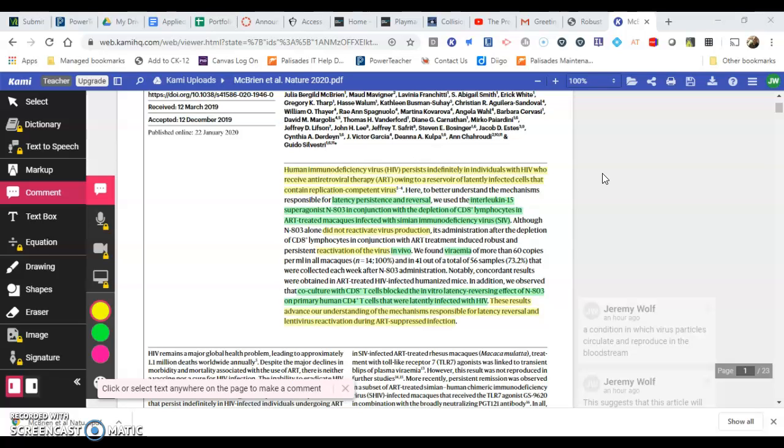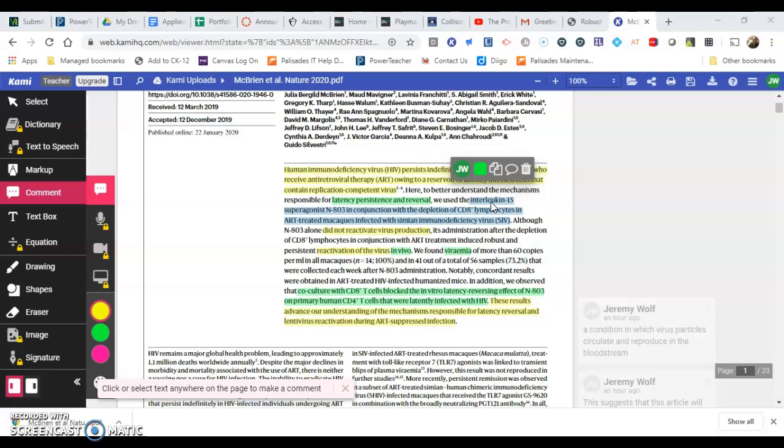So human immunodeficiency virus persists indefinitely in individuals with HIV who receive a treatment owing to a thing that contains a replication competent virus. You see, so now I understand that what I'm reading is something about a treatment and a thing, and I want to find out what those things are. So the next sentence goes on to this term latency, persistence, and reversal, which I'll have to figure out what that means.